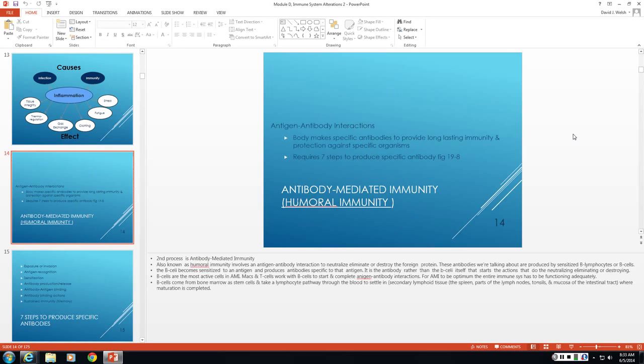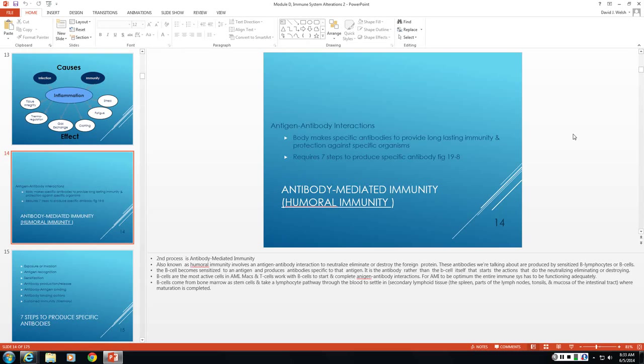So your second process is known as antibody-mediated immunity. Okay, we talked about inflammation. Now we're going to talk about the antibody-mediated immunity. Now this is also known as humoral immunity, and it involves an antigen-antibody interaction to neutralize, eliminate, or destroy the foreign protein.